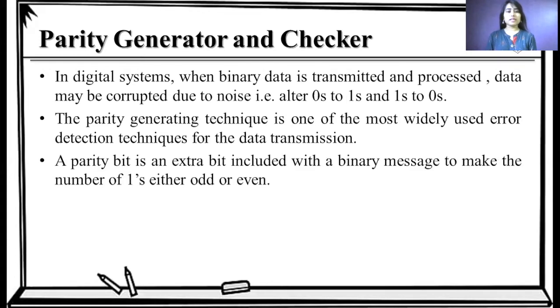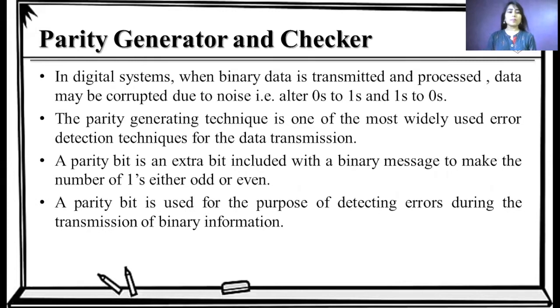A parity bit is an extra bit included with a binary message to make the number of ones either odd or even. A parity bit is used for the purpose of detecting errors during the transmission of binary information.